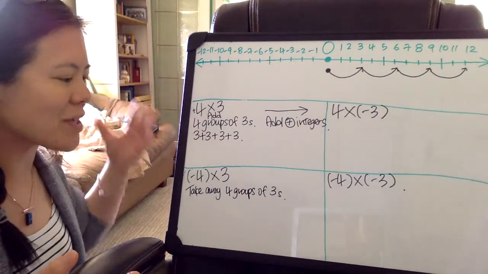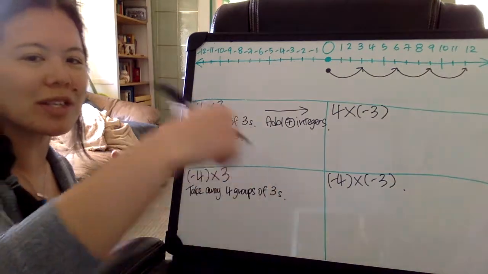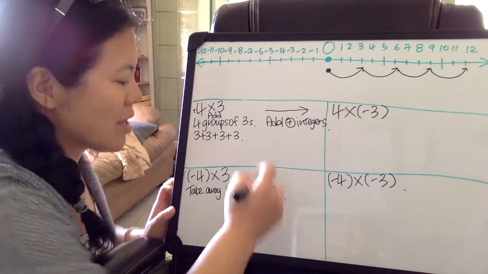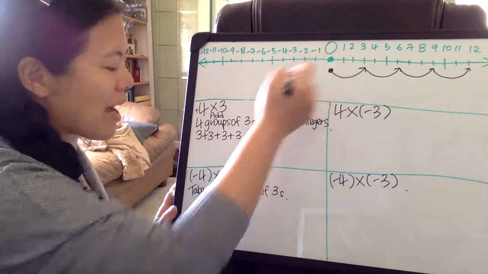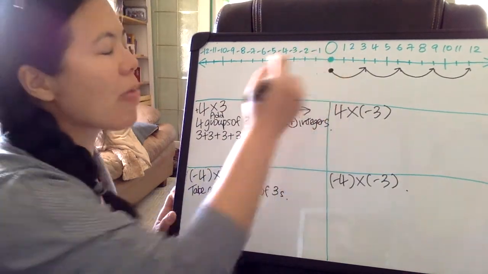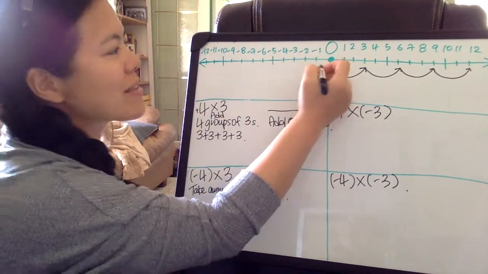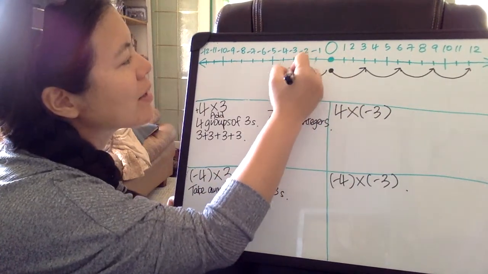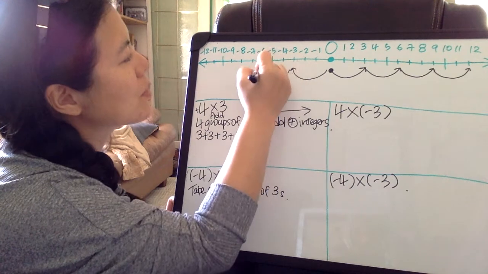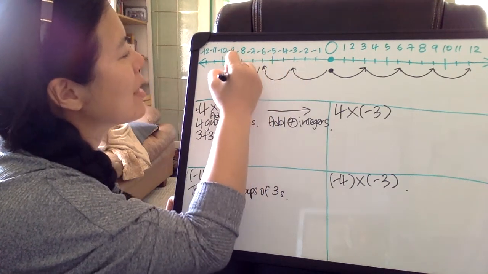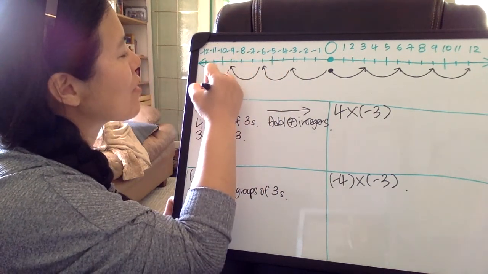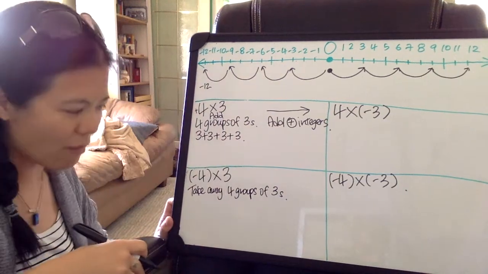You are taking away, so you're going to the left. You're taking away 4 groups of 3s. So 1, 2, 3, and 4, and you arrived at -12.